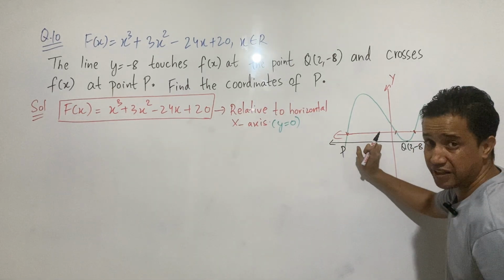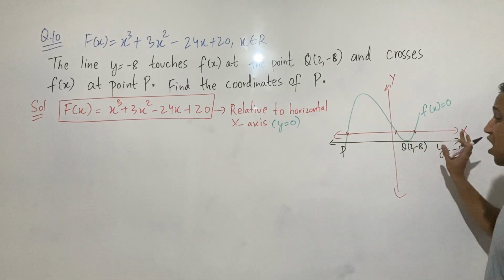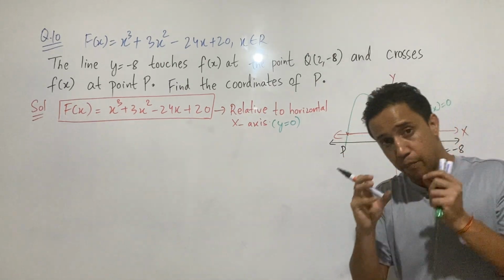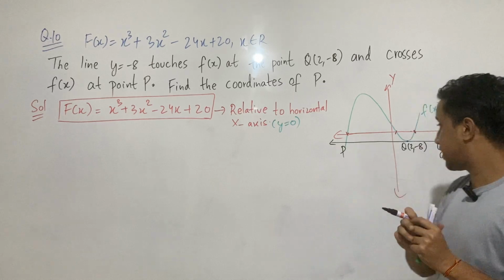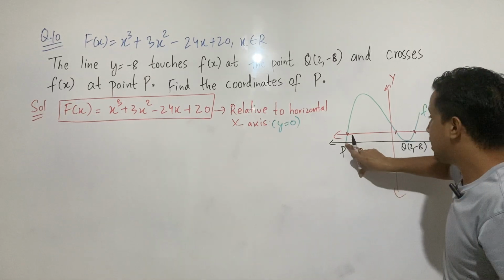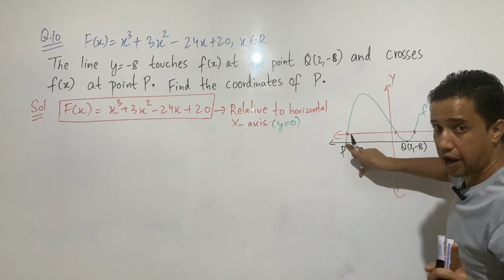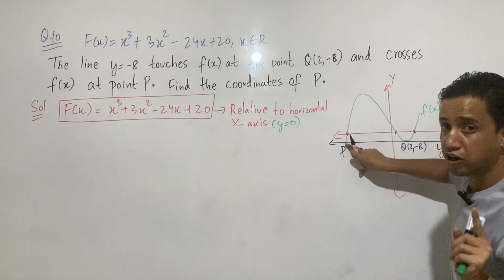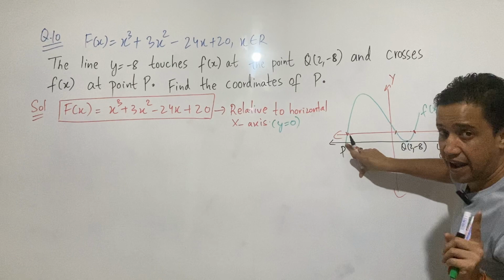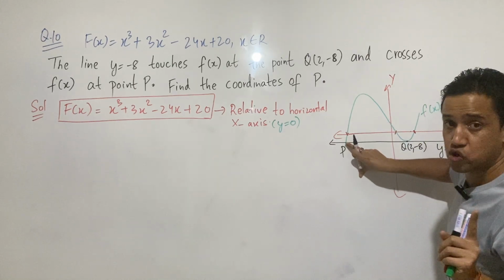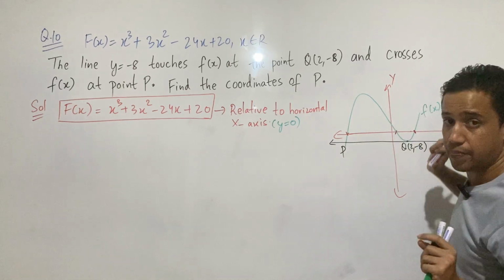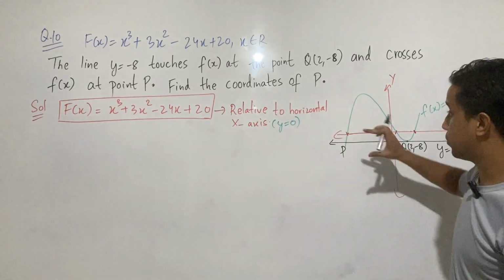What does it mean? It means these are the points of contact, the points where the value of the equation of this line, or the function f(x), is going to have the same values for both the line and the curve.